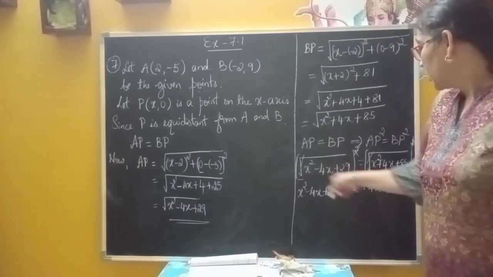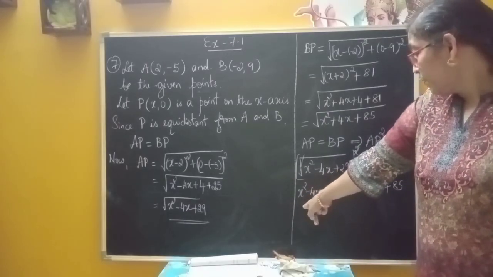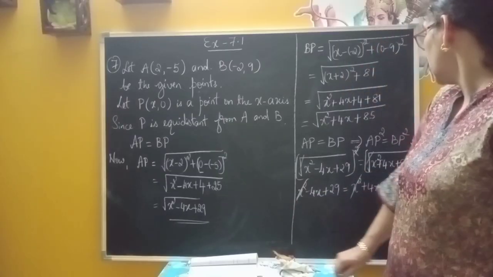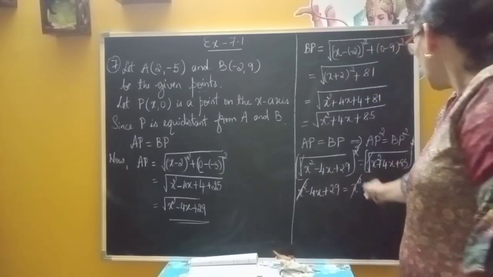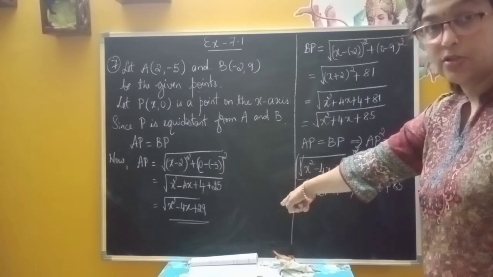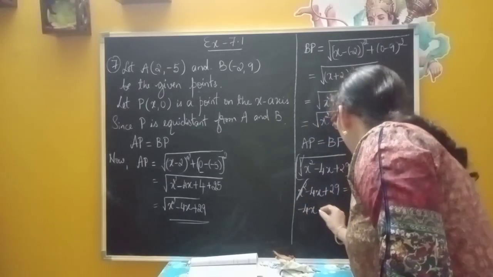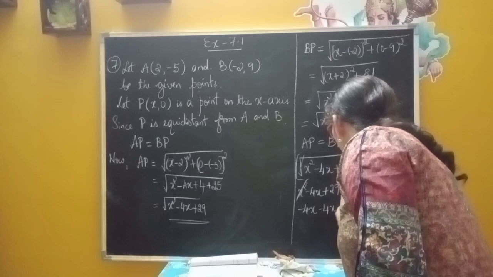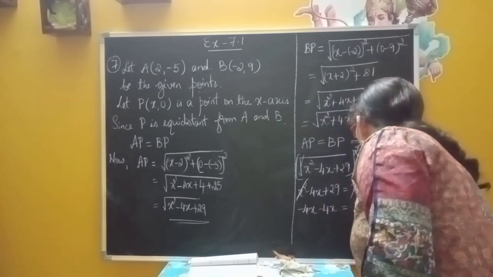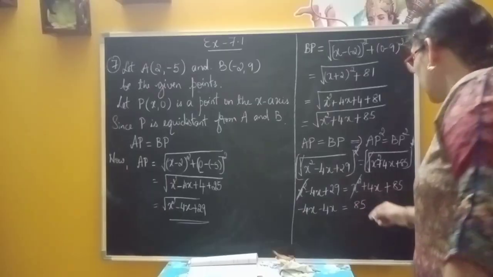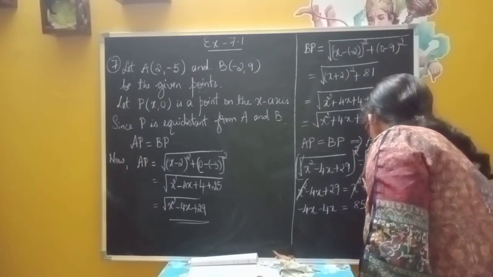So x square, when you shift it to the other side, we get minus x square. So x square gets cancelled. Minus 4x, I bring this plus 4x to LHS. So it also becomes minus 4x. So minus 4x plus minus 4x is minus 8x. I transpose 29 to RHS, so it becomes minus 29.